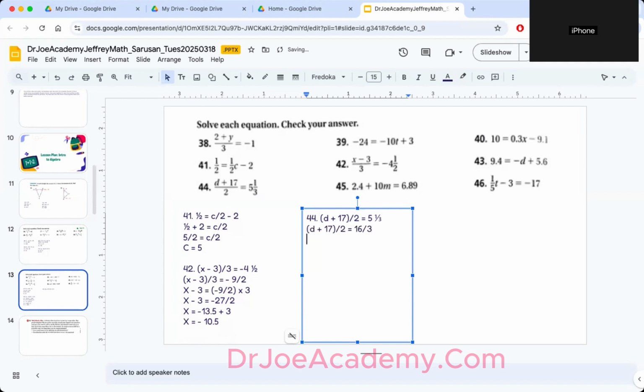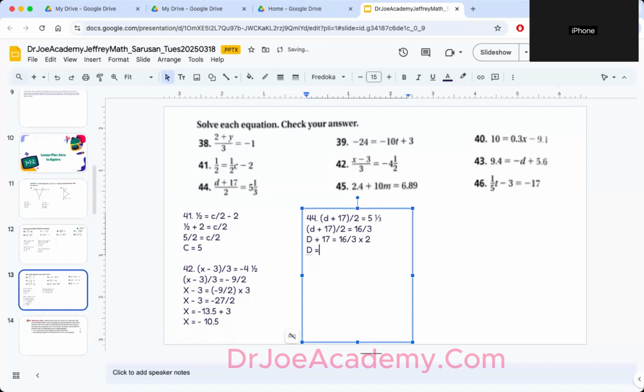All right, next step. So you move the divided by 2 to the other side, so it becomes times 2. So it'd be 32 over 3. 32 over 3.